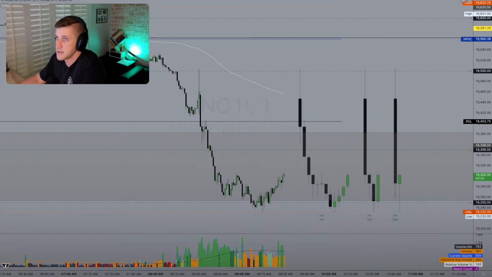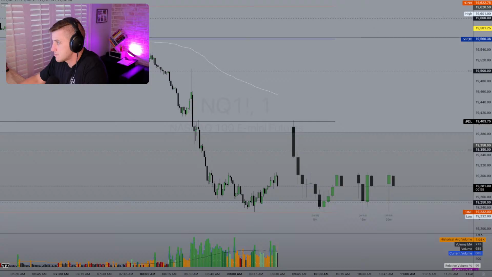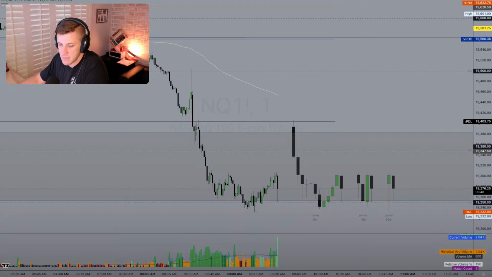We'll be keeping an eye on this 30-minute bar here. It's about to close in 10 seconds or so. Currently shaped like a hammer. And NQ pretty quickly back into 250 right there. Very, very quickly back into that 250.